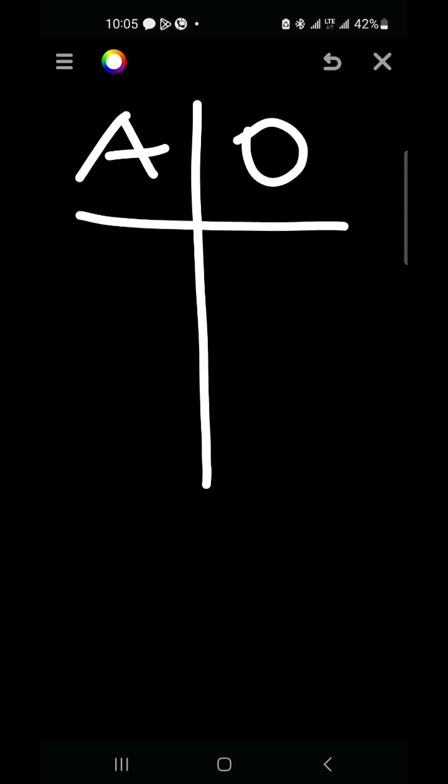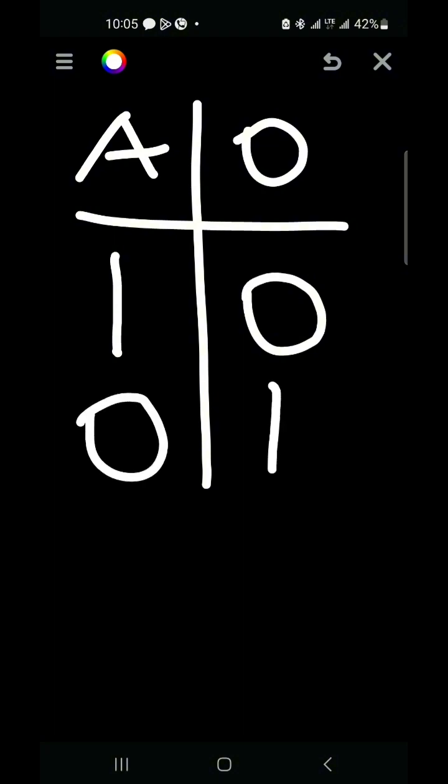So if the input is 1, the output will be 0. If the input is 0, the output is 1. Do you understand? Good. So that one is for the NOT operation, or the NOT gate.